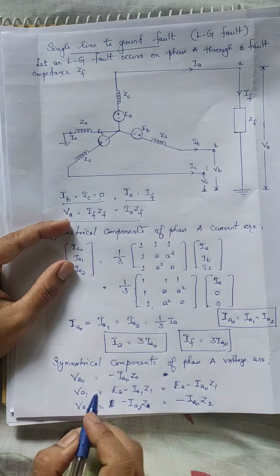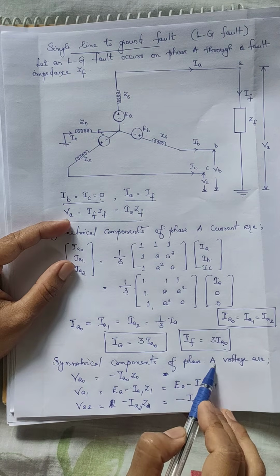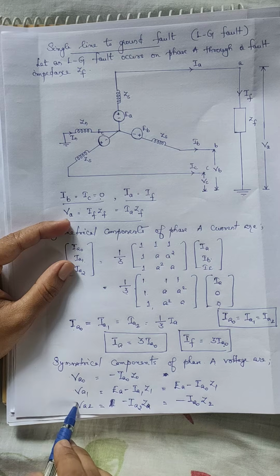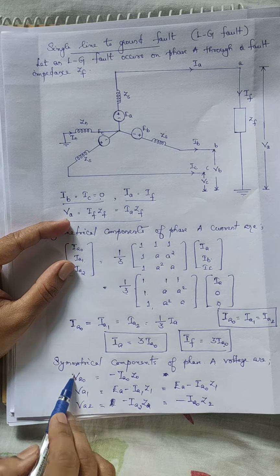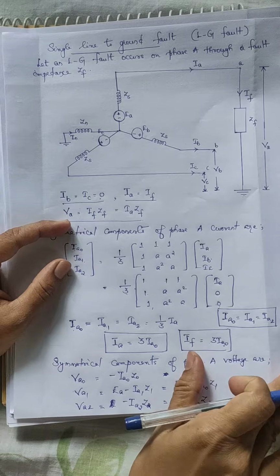So now we can write the phase voltage VA as the sum of its sequence voltages. VA is equal to VA0 plus VA1 plus VA2.